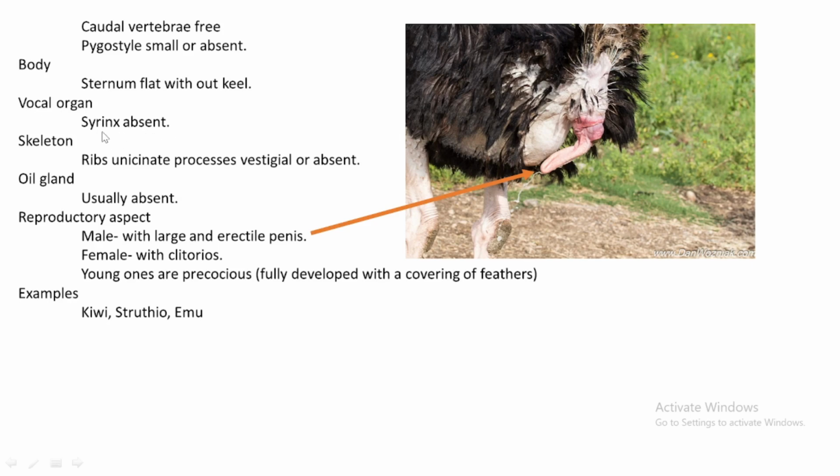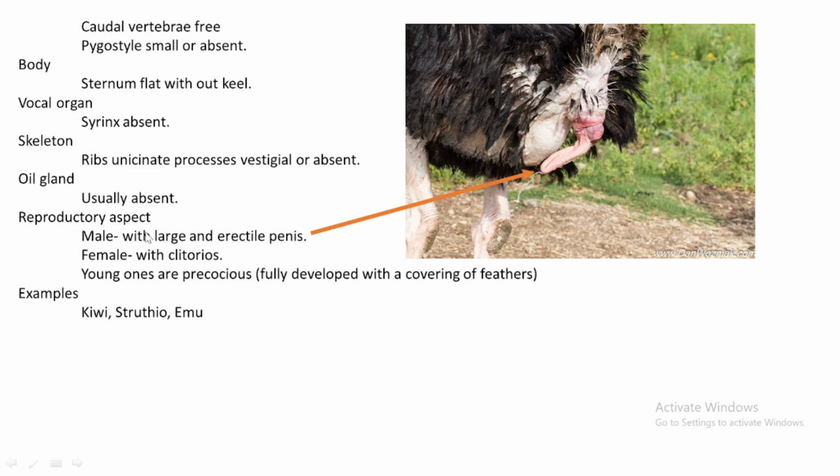Syrinx is a vocal organ of birds. It is absent in the case of these birds. Then coming to the skeleton, ribs do not have the uncinate process. Sometimes uncinate processes are present, but they are vestigial. Vestigial means they do not have any significance, no role. Then the oil gland is usually absent.